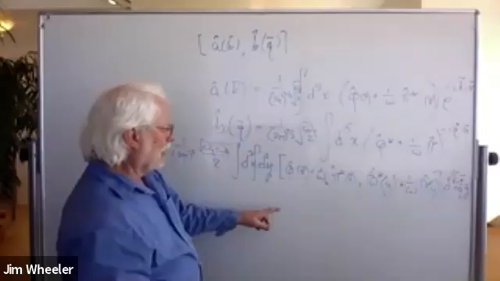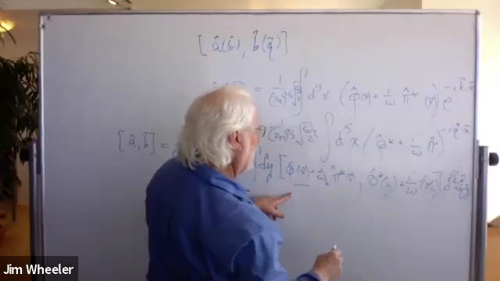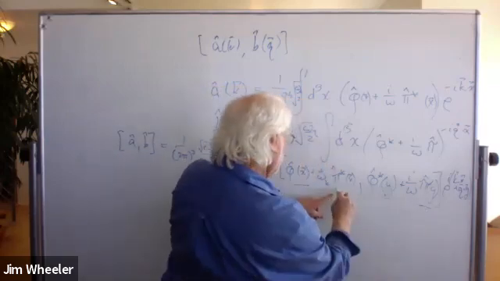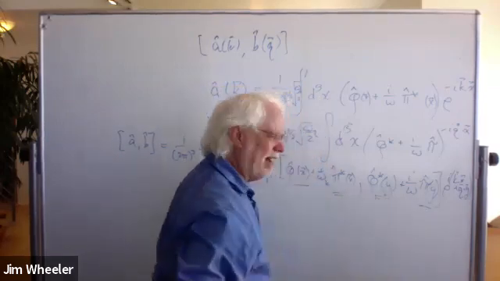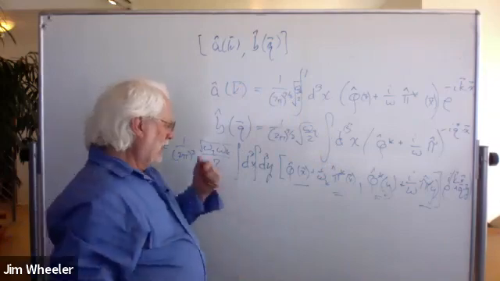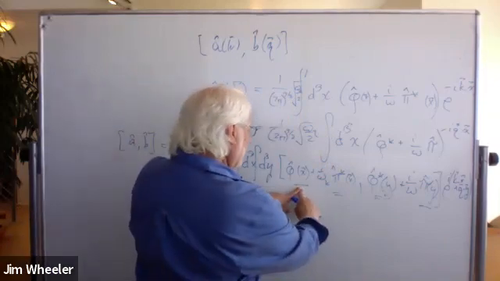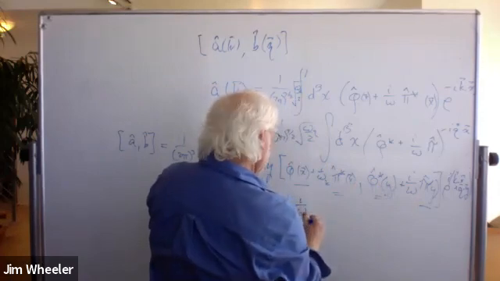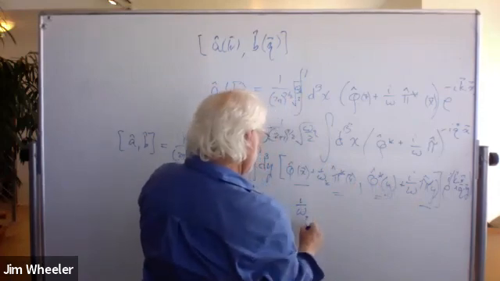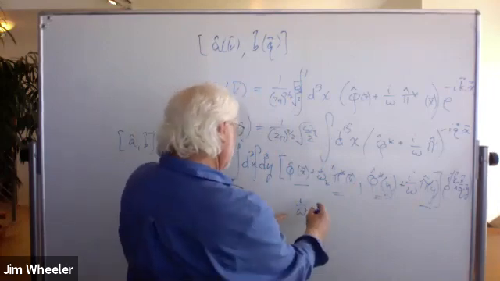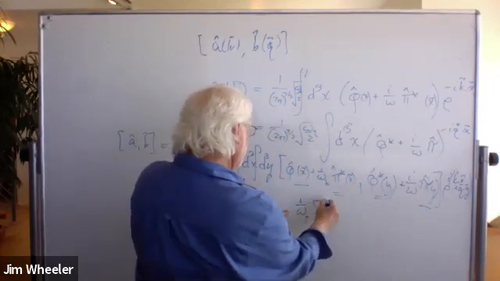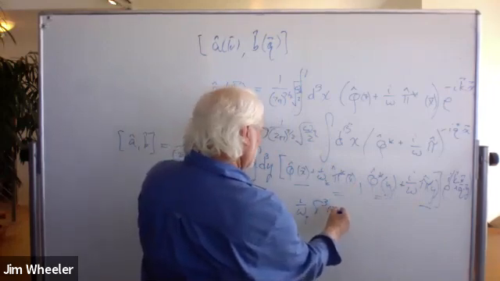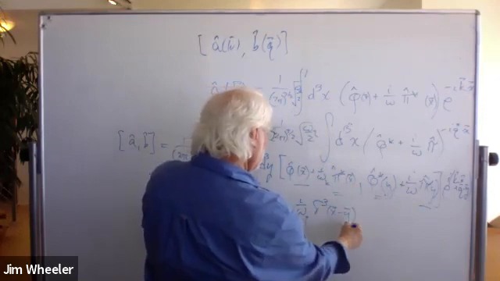Just two non-zero terms. So when this phi hits pi, and when this pi hits that phi, we're going to get something. And so when this phi hits that pi, we're going to get i over omega q, I think that one is. Then delta 3 of x minus y, that's good.